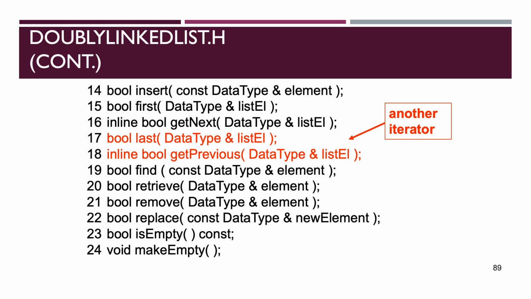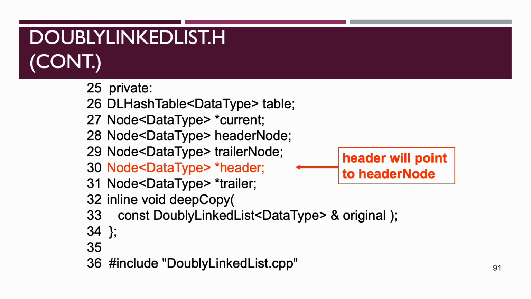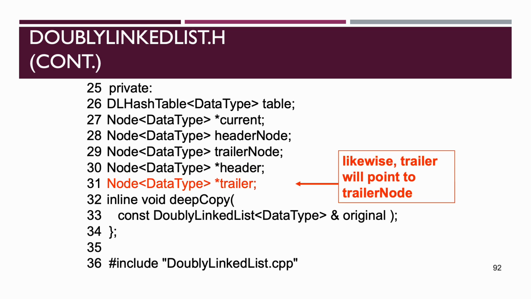These two new iterators we have added. Then we have added these two new nodes, header node and trailer node. These are static nodes, not made in the heap. Then the header will point to the header node here, and the trailer will point to the trailer node.